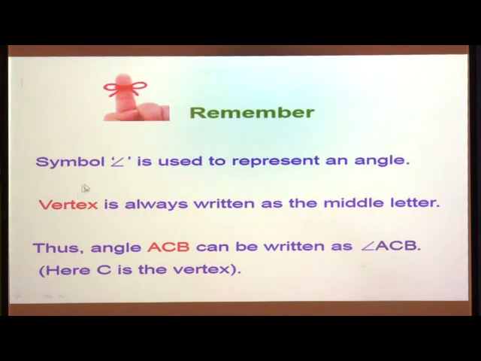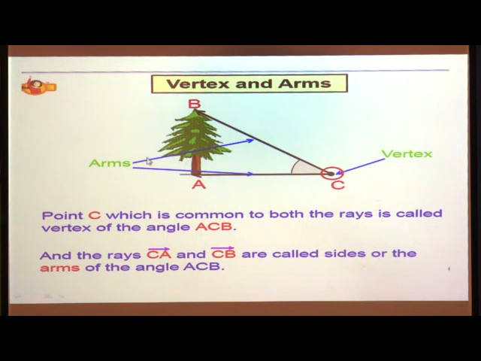Remember this symbol, which we use to represent an angle. While reading, we read it as angle ACB. Vertex is always written as the middle letter. When we have to name this angle, we name it as angle ACB, or angle BCA.